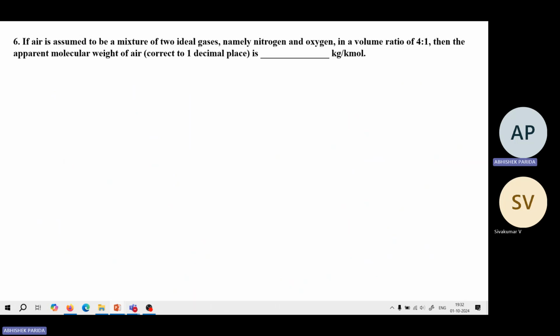Now question number 6. If air is assumed to be a mixture of two ideal gases, namely nitrogen and oxygen, in a volume ratio of 4:1, then the apparent molecular weight of air is. This is a very simple question. I'm again giving you 2 minutes. Calculate it, then we'll discuss.